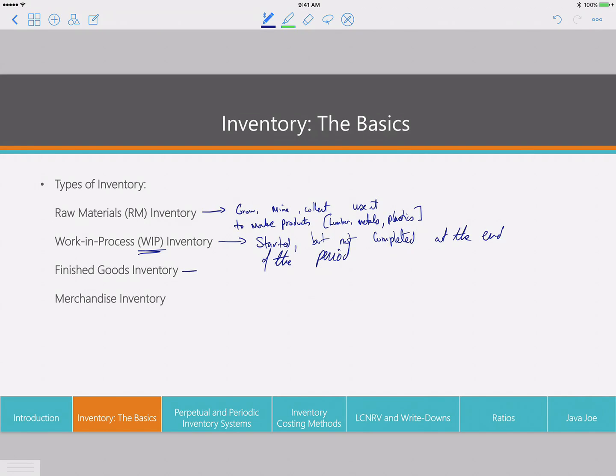Once they've been built, they will go into your finished goods inventory, and these are ready for sale. It's goods that you've built yourself, and they're ready for sale. The alternative is merchandise inventory, which is also ready for sale, but you didn't make it.